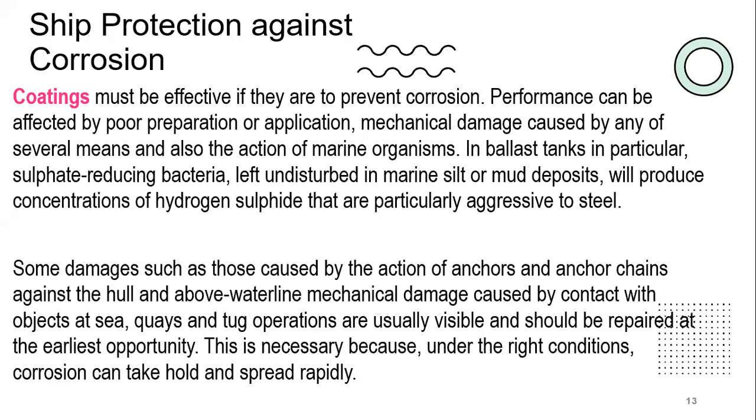Some damages, such as those caused by the action of anchors and anchor chains against the hull and above waterline mechanical damage caused by contact with objects at sea, quays, and tug operations are usually visible and should be repaired at the earliest opportunity. This is necessary because under the right conditions, corrosion can take hold and spread rapidly.